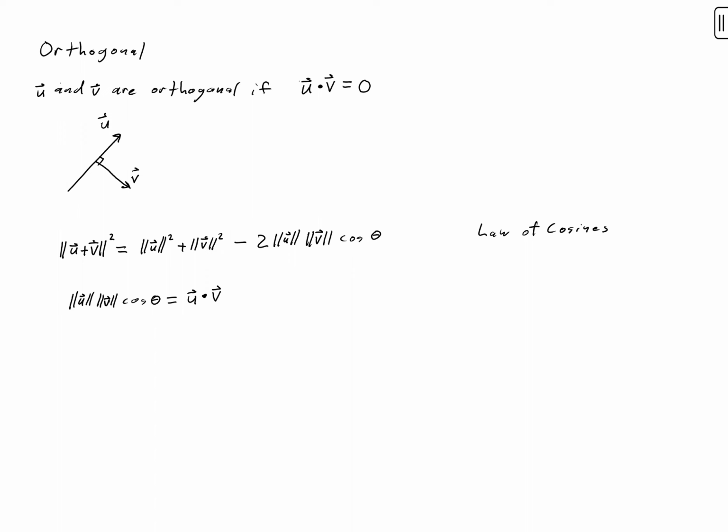And when the angle is 90 degrees, cosine is 0, which means that u dot v is equal to 0. Those are the big ideas for this section, section 6.1 in the book. And I think we are going to stop there.